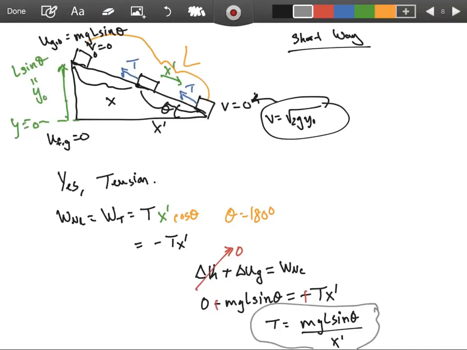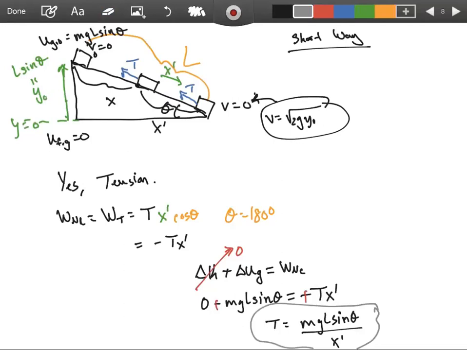This is as opposed to doing forces and kinematic equations where we have to do a lot, assuming we can even use kinematic equations, because if I don't have a constant acceleration, then I can't use this at all anyway. So this is one of the beautiful parts about conservation of energy. We can do these things.